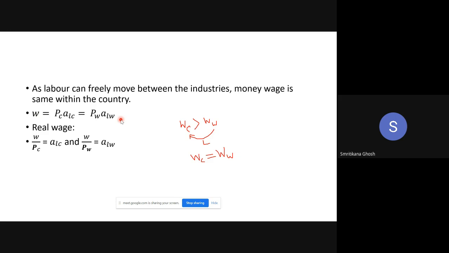And the average cost means the wage rate into the number of labor required to produce one unit, and that is equal to price. So we are getting this thing. Is it okay? So price into ALC is equal to W. Similarly, for the wine industry also, PW into ALW is equal to W. Is it okay? Yes, ma'am, understood.